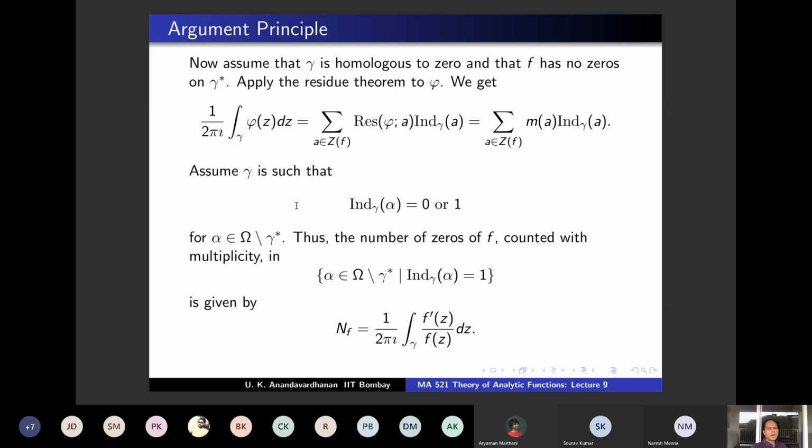So f compose gamma is another path, and you check what is the index of 0 with respect to f compose gamma. The index of 0 with respect to f compose gamma will be the integral over f compose gamma of dz by z. And you can substitute and you will get exactly this integral.